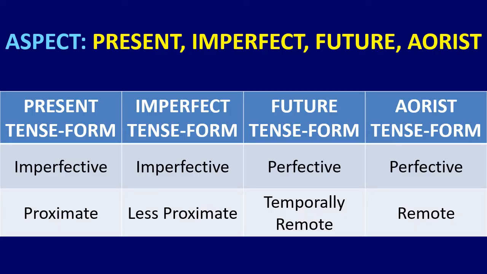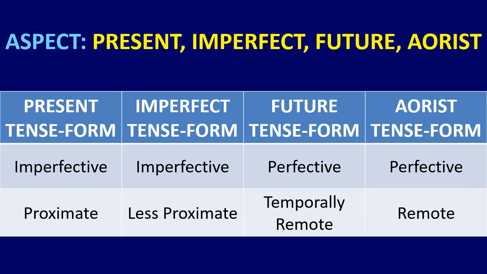Now, thinking of aspect in particular, you need to be able to think, when you encounter a certain verb tense form, like the present tense form, luo, or the imperfect tense form, eluon, etc., or the future tense form or aorist tense forms, when you see those forms, you need immediately in your mind to be thinking of what is the aspect that is inherently conveyed by that tense form.